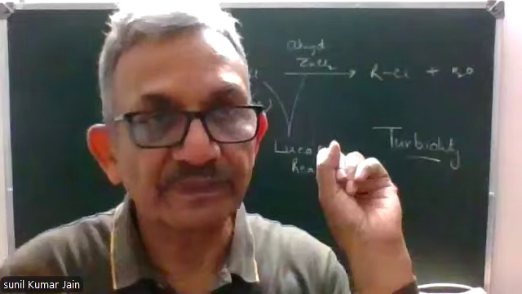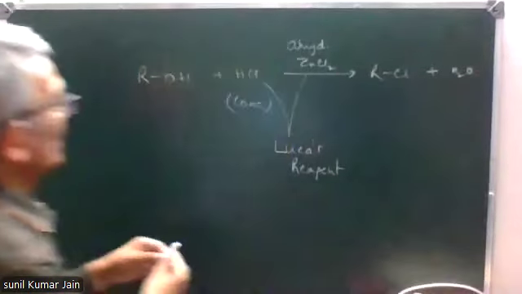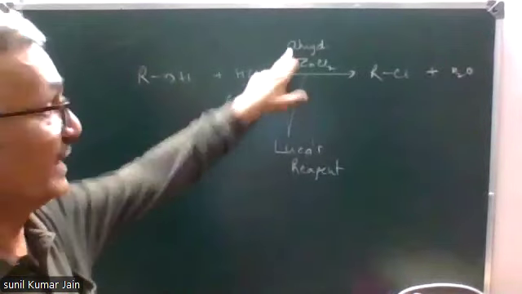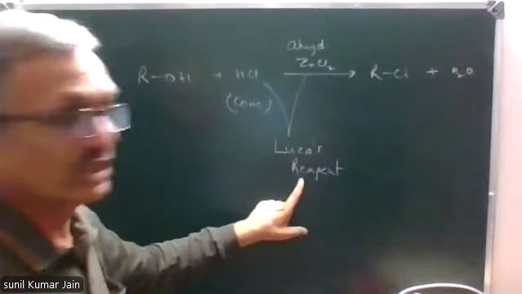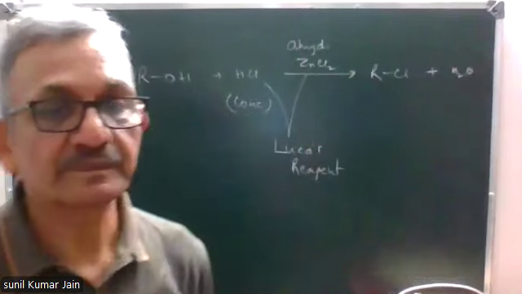Now write down the equation. ROH plus HCl concentrated and add zinc chloride. Label this mixture: it is called Lucas reagent. Label that. Gives chloroalkane plus water.